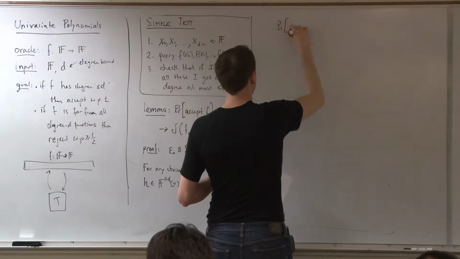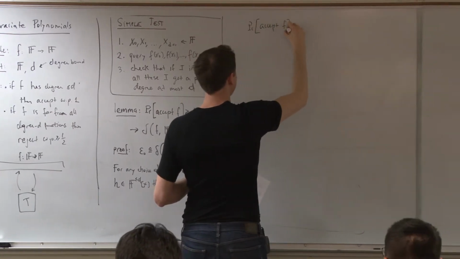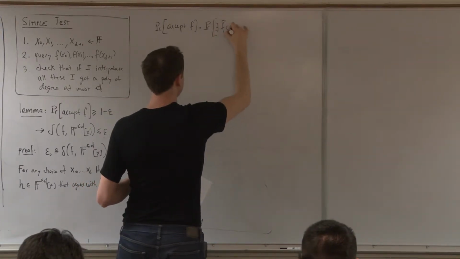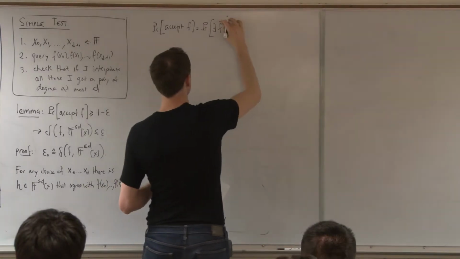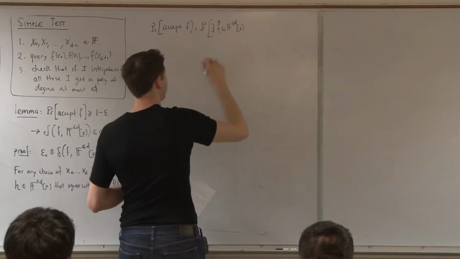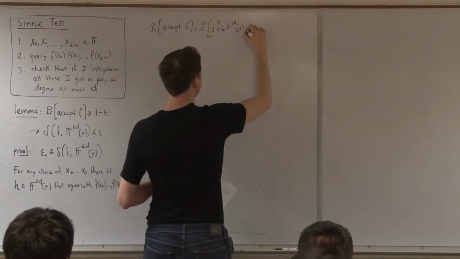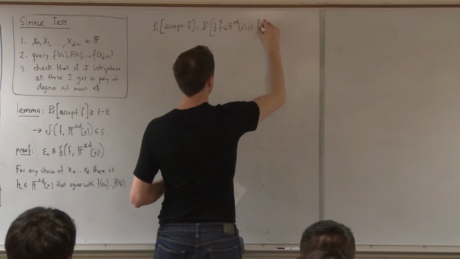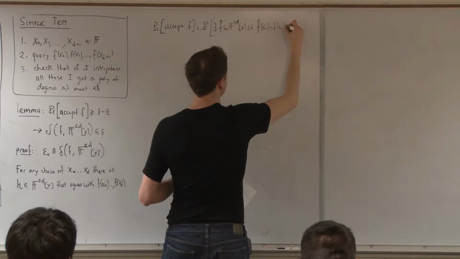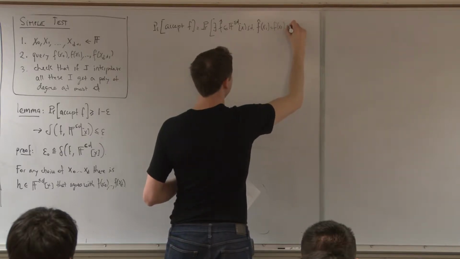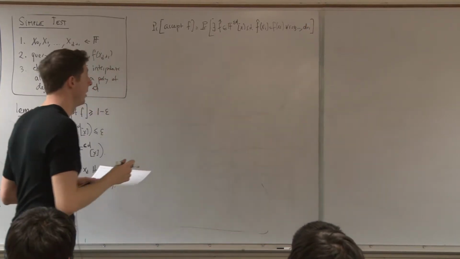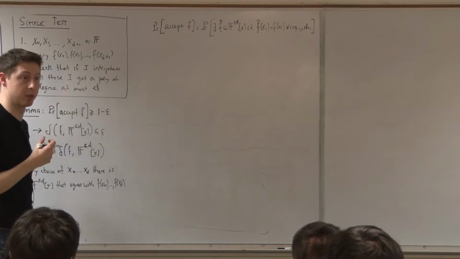The probability that I accept f is exactly the probability that there exists f hat, a univariate low-degree polynomial, such that f hat of xi equals f of xi for all i going from 0 to d plus 1. That's the condition under which I accept, by definition.